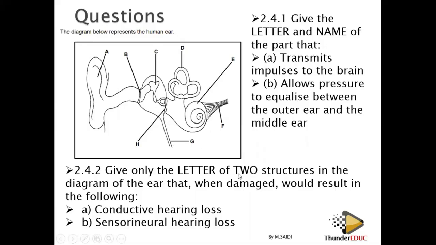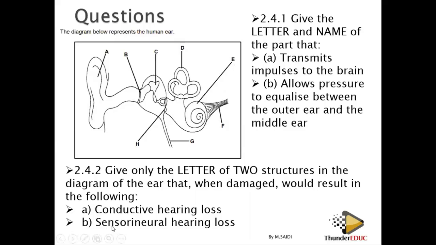Give only the letters of two structures in the diagram of the ear that, when damaged, would result in the following. Number one, conductive hearing loss, and then sensorineural hearing loss. Sensorineural is caused by neurons.